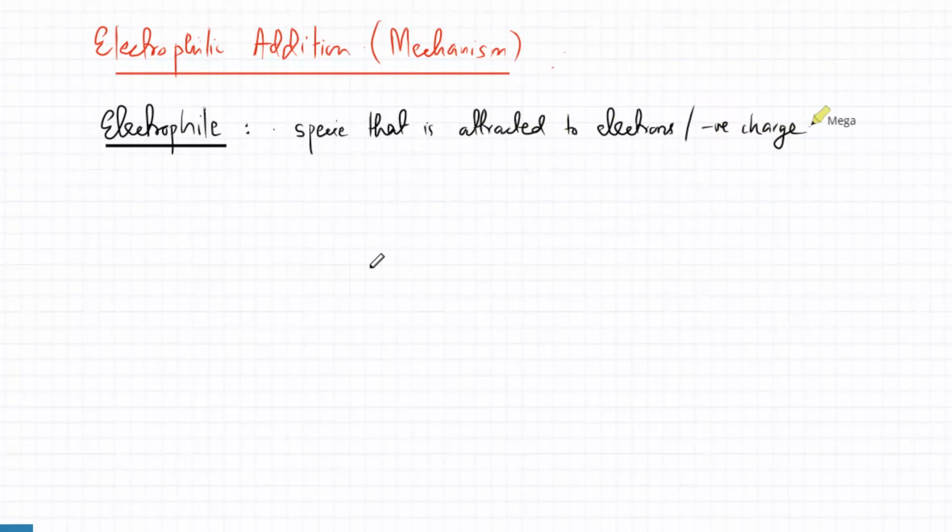But not only is it attracted to electrons, it can react with them and it can accept a pair of electrons. So doesn't that mean it's positively charged? Could be. There are lots of options, like what type of species could this be?